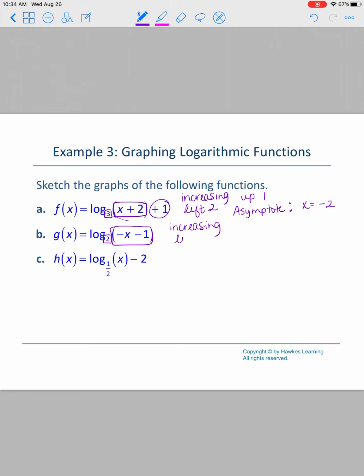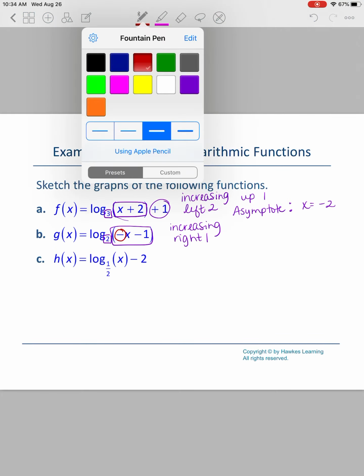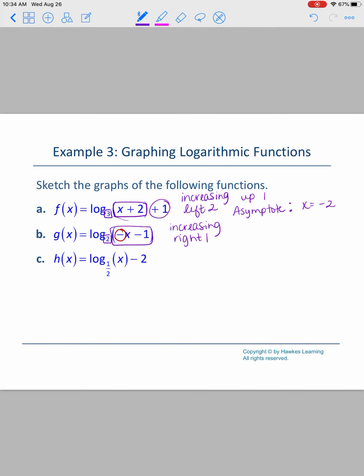So it's going to go, not left. Since it's minus 1, it's going to go the opposite, which is right 1. And then the last thing is this negative sign, and that is going to reflect it, not over the x-axis, over the y-axis.